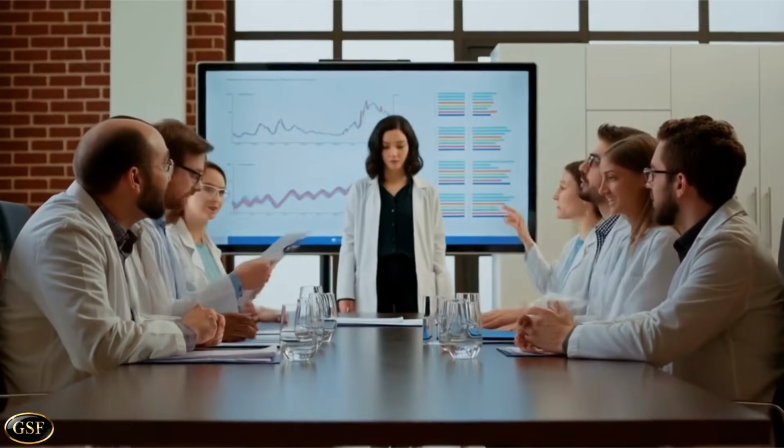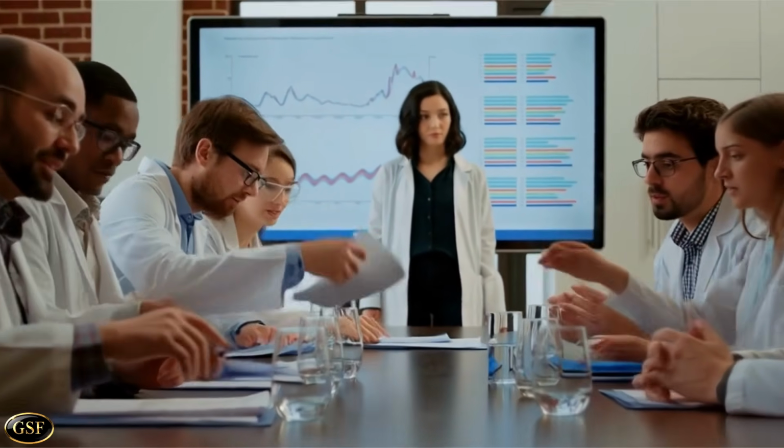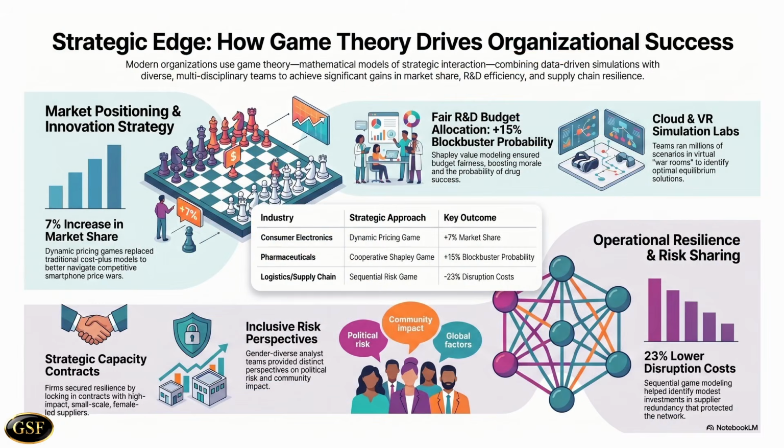The inclusive negotiation process, facilitated in a VR war room, led to higher morale and a 15% increase in the probability of achieving at least one blockbuster drug within the planning horizon.